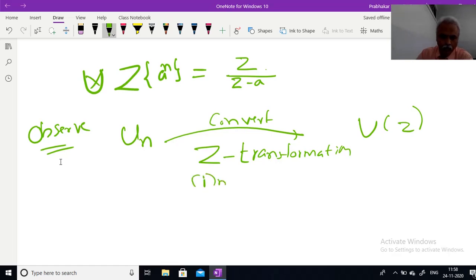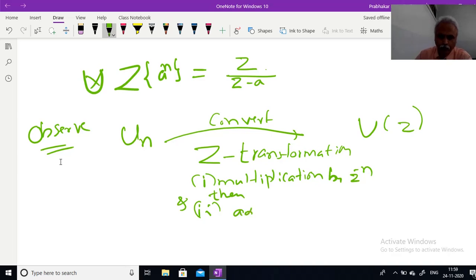One, multiplication. So we are forcibly bringing the z variable, multiplication by z raised to minus n, and then, this is important, adding all terms n equal to 0, 1, 2.